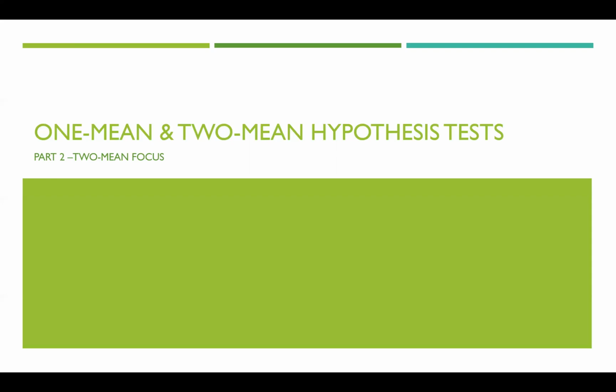One, we're assuming that we have a normal distribution, and 2, we're assuming we have equal variances or equal standard deviations. So those are 2 pretty big assumptions. Again, if our sample size is large enough, we can force any distribution to be normal by applying the central limit theorem.